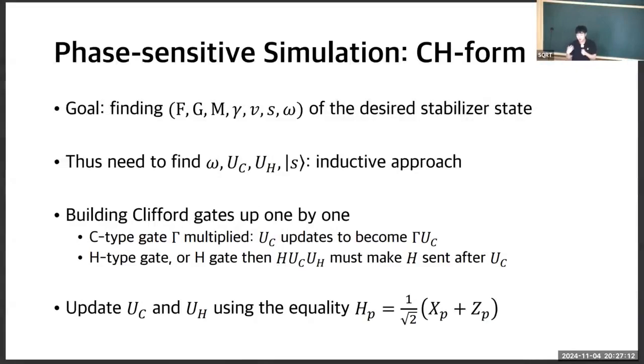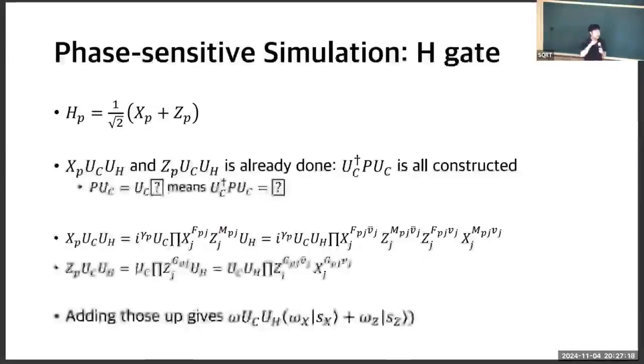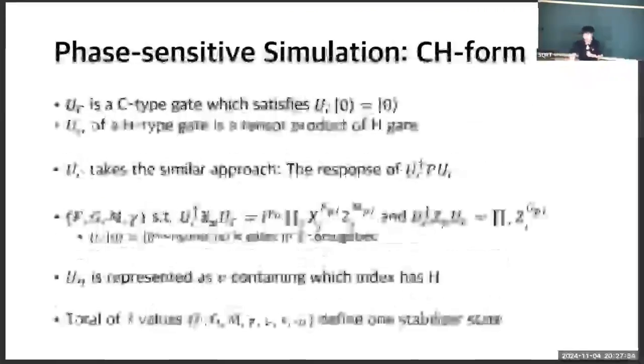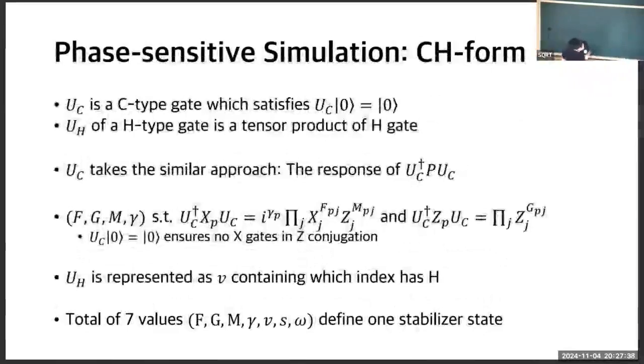So we are now using the equality H_P equals 1 over square root of 2 times (X_P plus Z_P). So we just apply X_P and Z_P, both of them separately, and we can add them up. And for X_P UC UH and Z_P UC UH, it may not be that intuitive, but we actually already prepared for that because the definitions of F, M, G and gamma are already using X_P UC here.